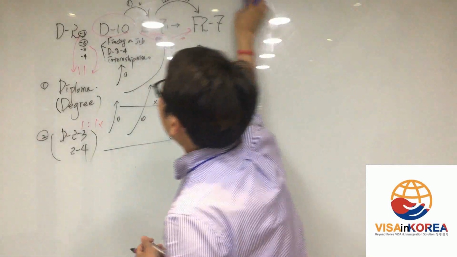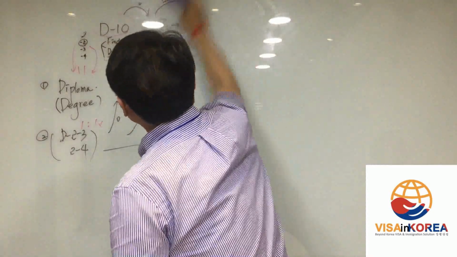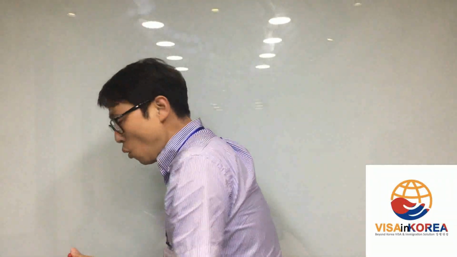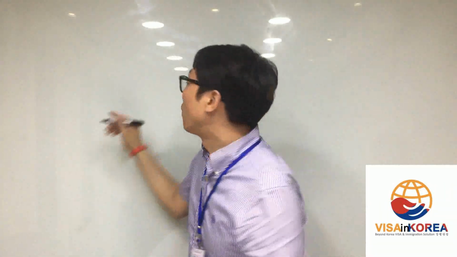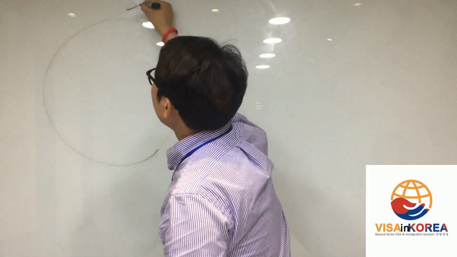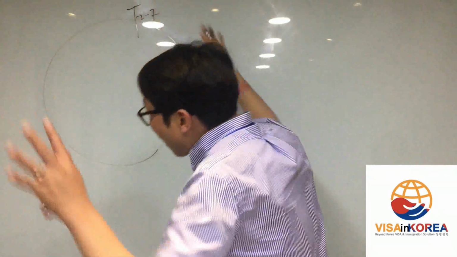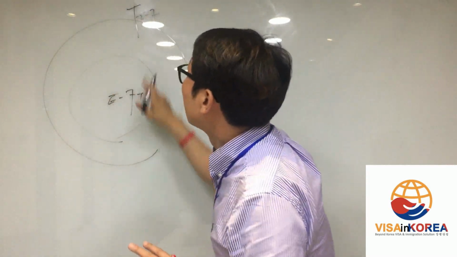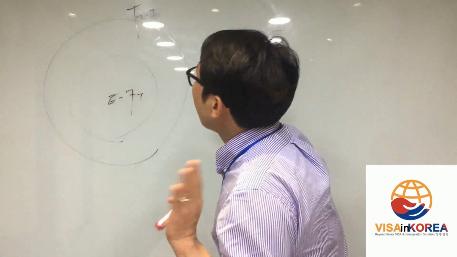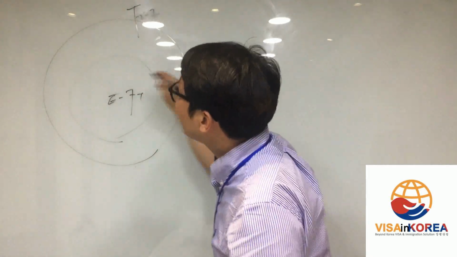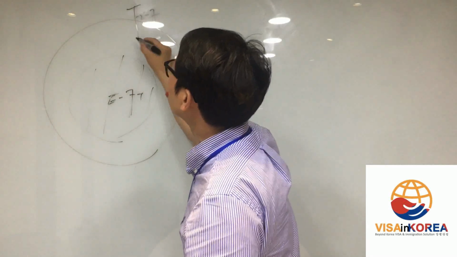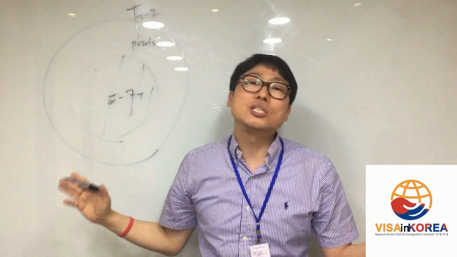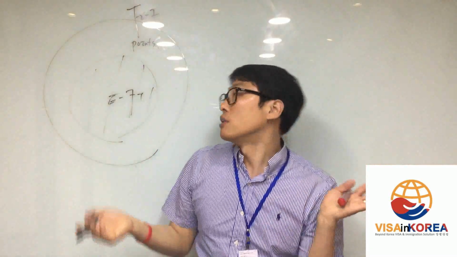I'll make one thing clear. Most D2 visa holders or D10 visa holders are confused about this: what is after 7 and what is the E7 one? You have to consider that after 7 is a higher value than E7. So when you apply for after 7, you have to meet the whole requirement of the E71 plus points for your KIIP completion or the master's degree, as it is point based.